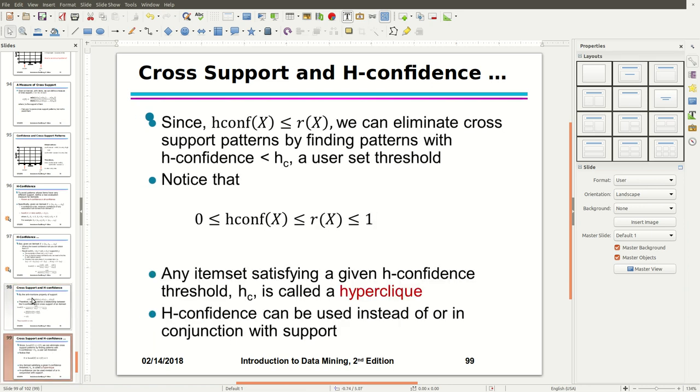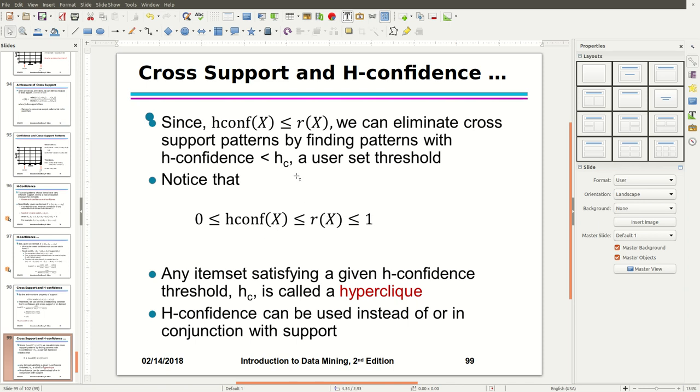So why is this important? Since hconf is less than Rx, we can eliminate cross support patterns by finding patterns with high confidence HC, a user set threshold. So we can basically say that we will set some HC, a threshold value, by ourselves, knowing that relationship, which is less than 1, and this is hconf is less than Rx.